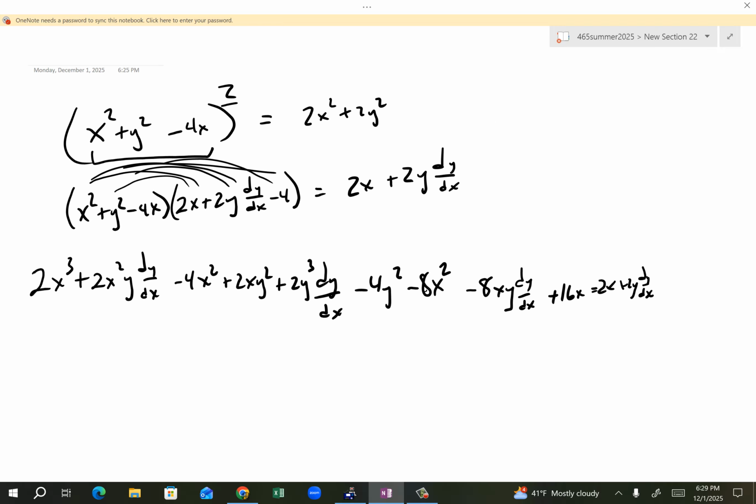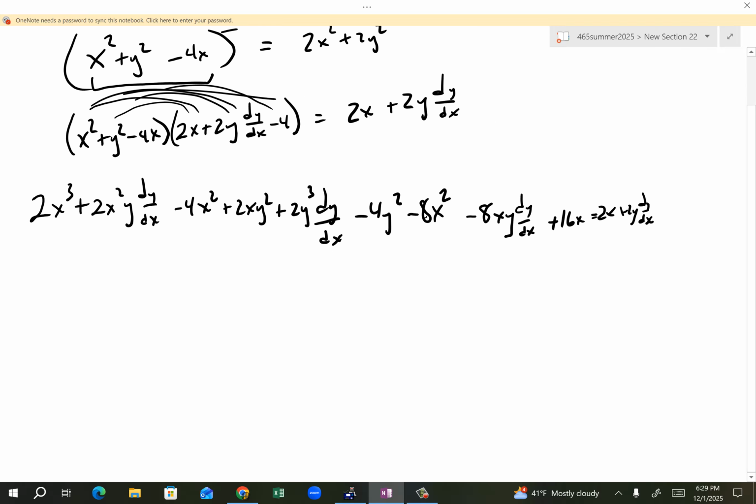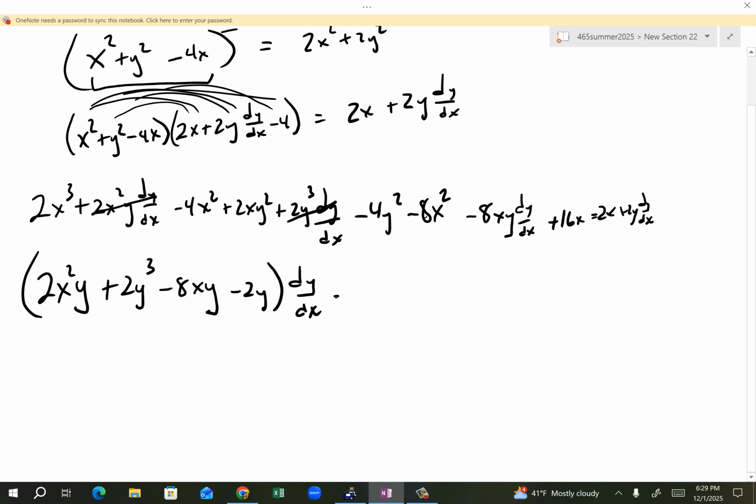Well, I need my dy/dx's on the same side. And so I'm going to bring them all over here. I'm going to have 2x squared y of them, plus 2y cubed of them, minus 8xy of them, minus 2y of them, all dy/dx's. Are you with me? Everybody else, get out of the pool.